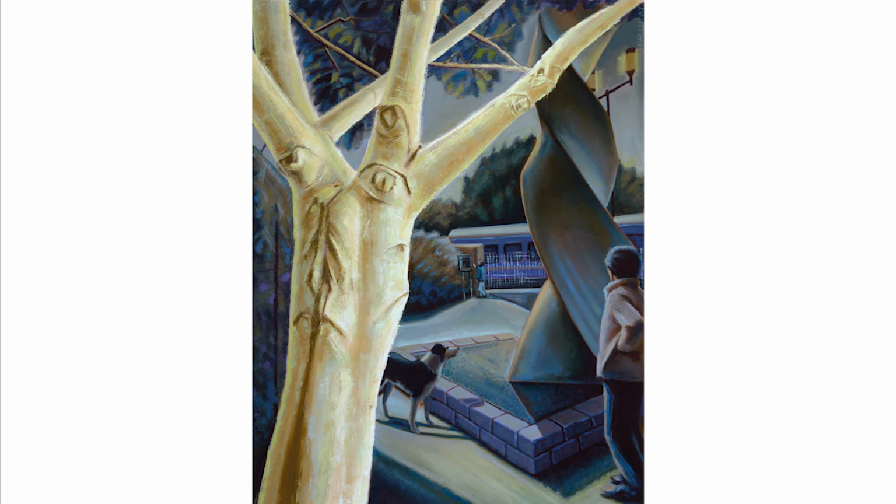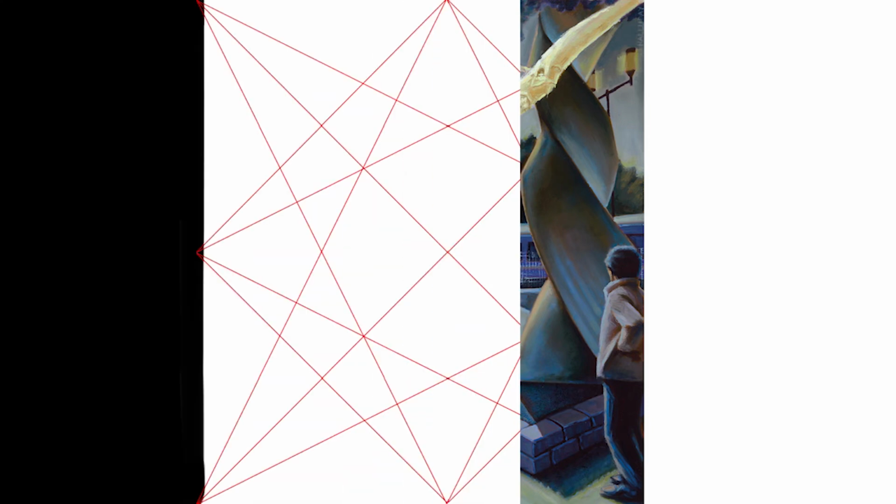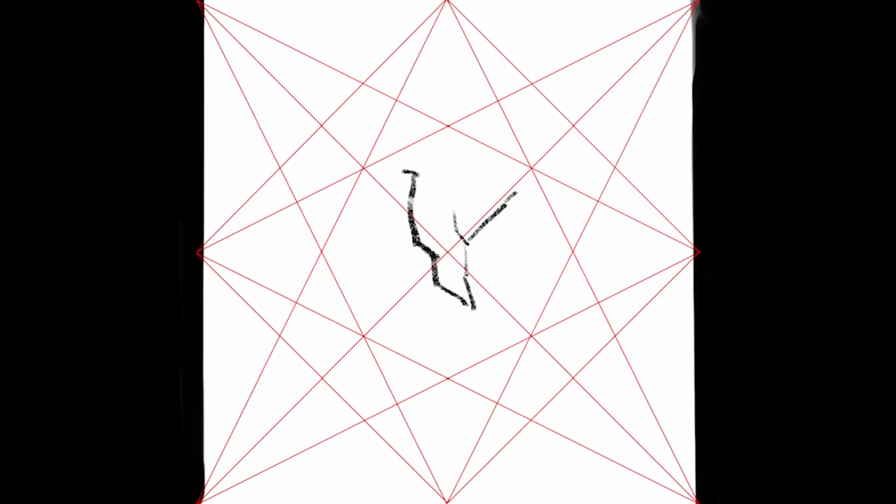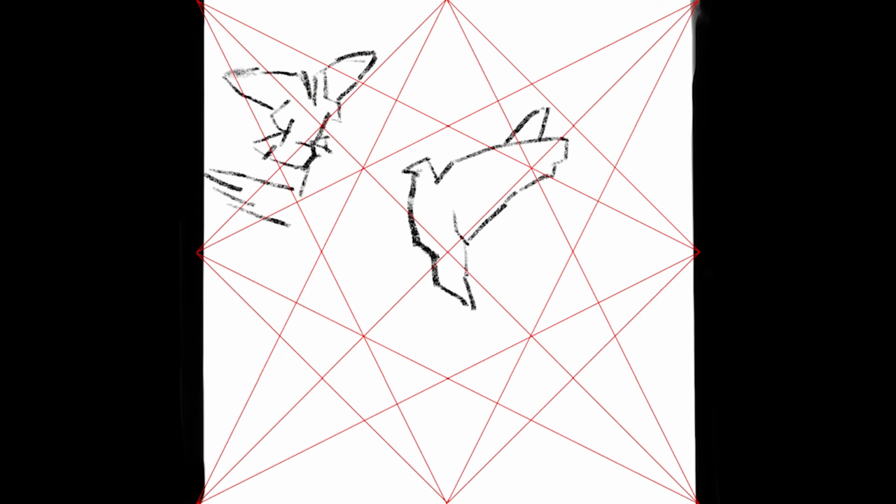Again, I thought I'd have a little sketch and use the Harmonic Armature to create something a bit more complicated. So I settled on the pigeons in the park and filmed them flapping about. I've used this film to help me capture their shapes, and I'm now laying it into a composition using these grid lines to help me.